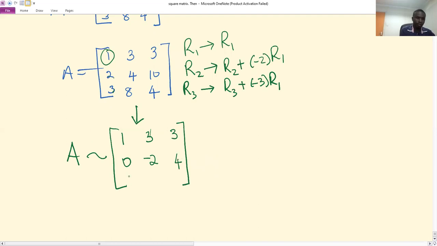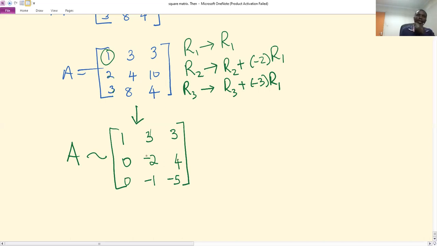This is 0. 8 plus -3 times 3 is -1. And then 4 plus -3 times 3 is -5. That is step 1.